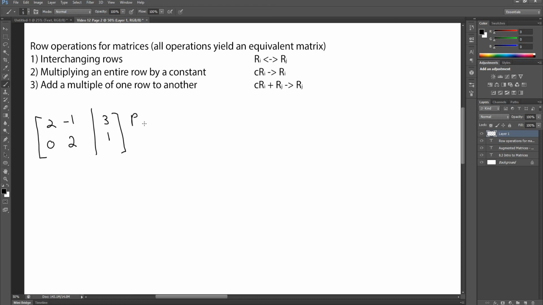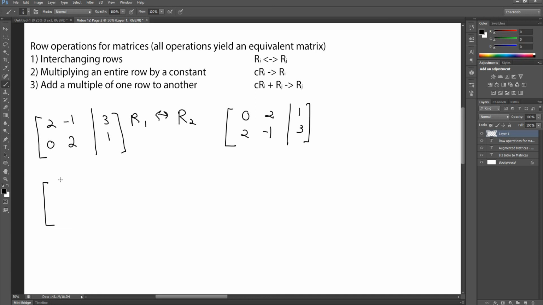If I wanted to switch row 1 and row 2, row 1 is now going to become row 2. Row 2 is 0, 2, 1. Row 2 now becomes row 1. Row 1 was 2, negative 1, 3. All I was doing here was just changing the order I wrote two equations, which is fine. So this is one example.